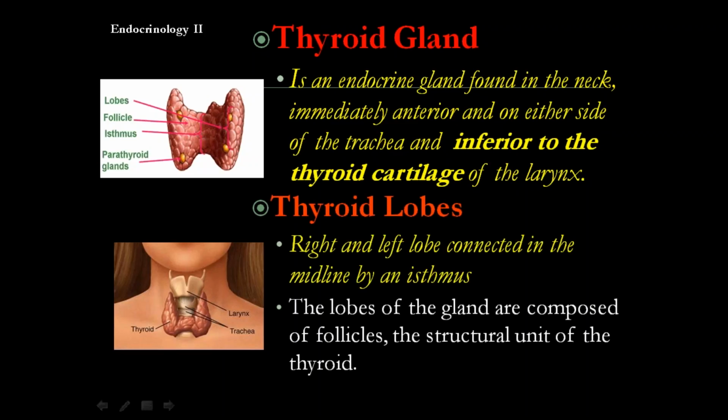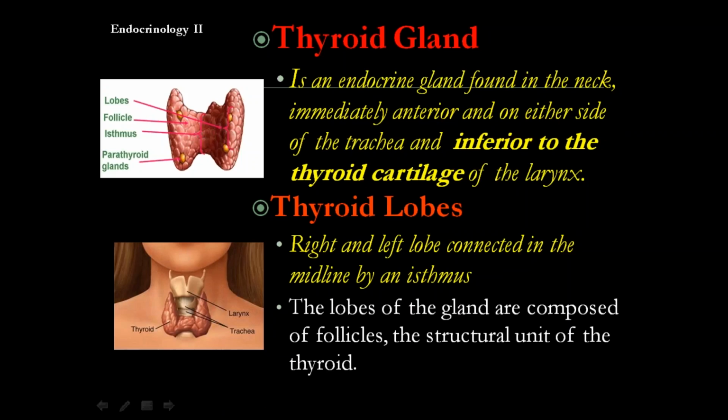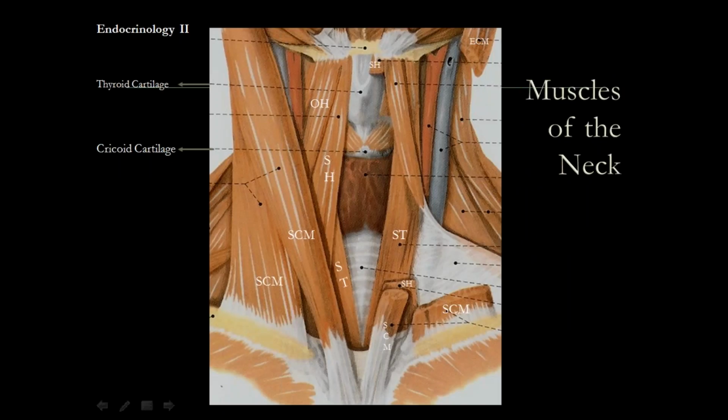To understand the physiology, it is important to see that the thyroid lobes are formed by a few things we will see in the next slides. The thyroid lobes, right and left, are connected at the midline by the isthmus.